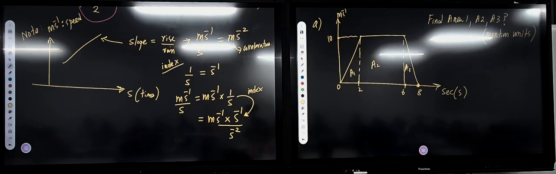Mention the area separately: A1 value separately, A2 value separately, A3 value separately.